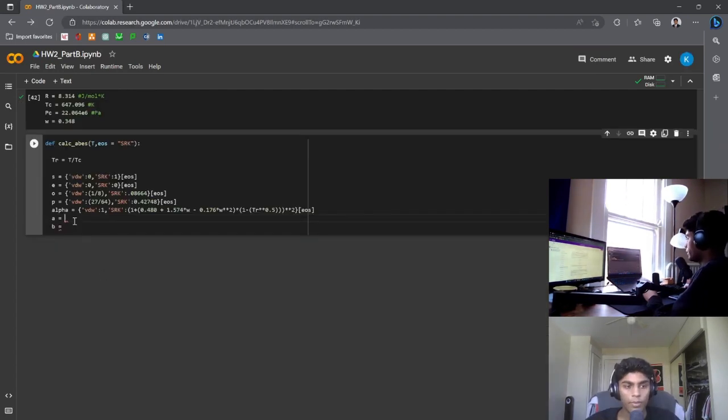Now for A and B values, these are just equations that we're going to be using. So for our A value, the equation is psi times R squared times the critical temperature squared, TC squared, all over the critical pressure, PC.